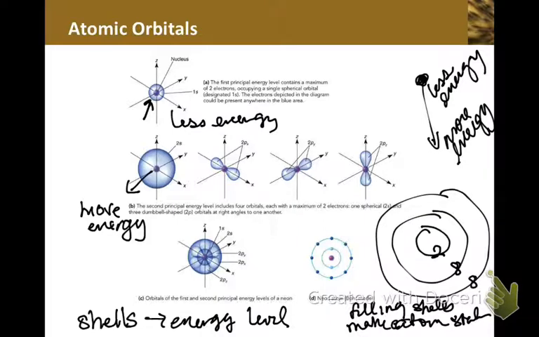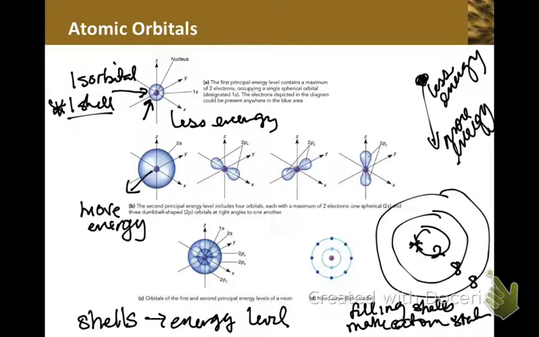So let me compare what shells are to orbitals. This right here is the first orbital, right? Well, that is also the first shell. So when we look at that, do you see that? That is this one right here.